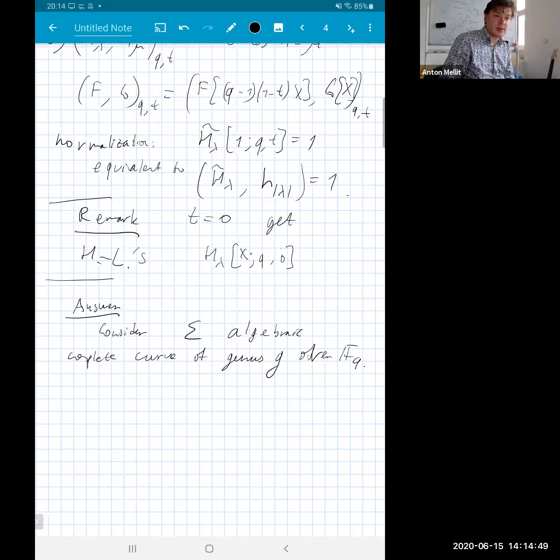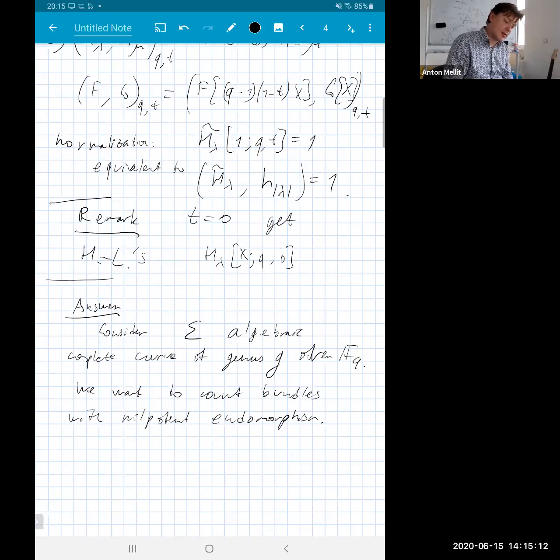And the idea is to count bundles. So we want to count bundles with an important endomorphism.